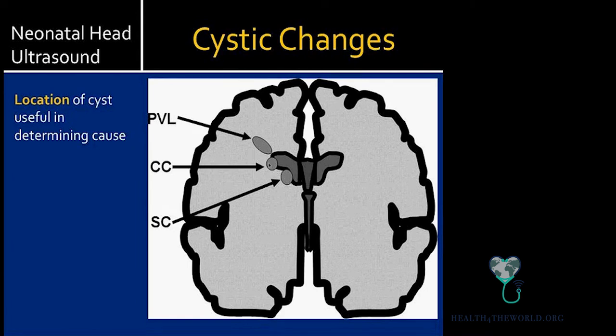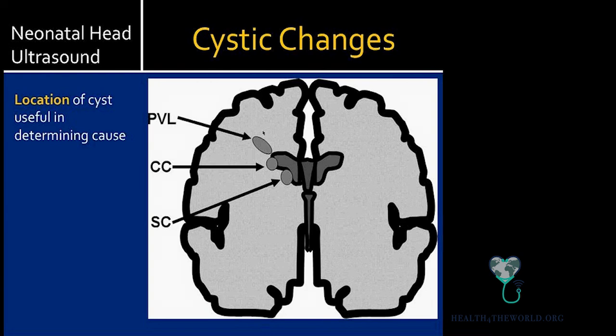A little cyst right next to the lateral ventricle, just about parallel with it, is usually called a connatal cyst. A connatal cyst is basically just a normal variant. Think of it in the same way that the gallbladder has a Phrygian cap, where it just kind of pinches off on itself. This is the lateral ventricle, just a normal variation. Nothing that requires any further follow-up or any MRI, just a normal finding.